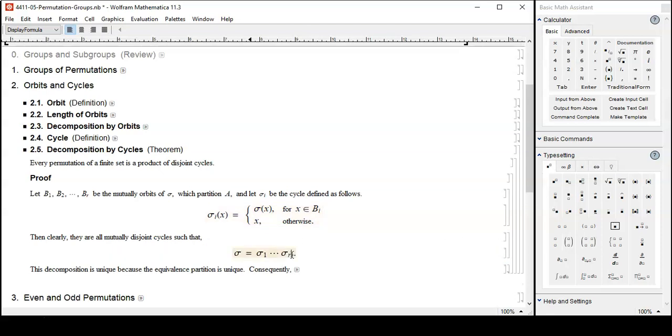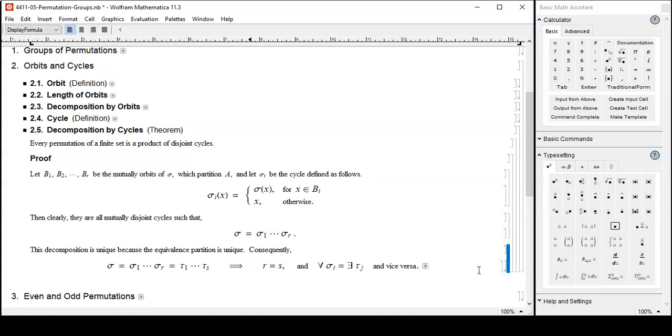And then we'll have this multiplication. And then sigma 1 will just shuffle around B1, and B2 to BR will not be affected. And then sigma 2 will just shuffle around B2, and so on and so forth. And then the uniqueness follows from the equivalence relation.